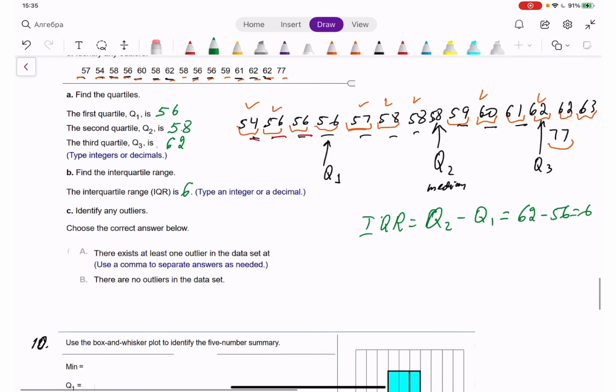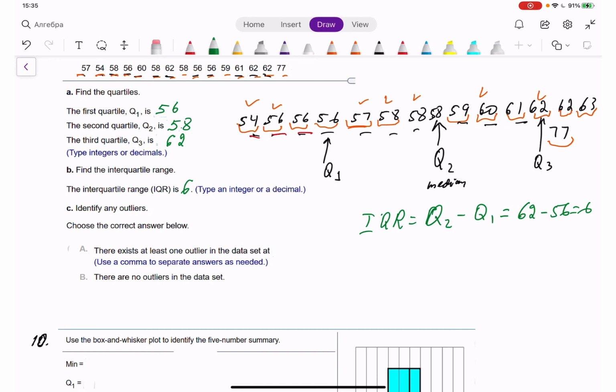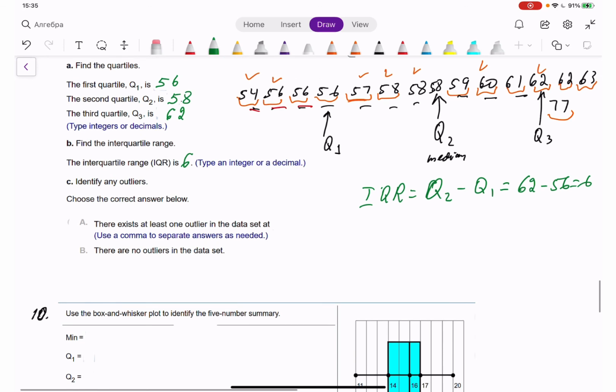All right. C, identify any outliers. So there are no outliers from what we see. There is no number that is enormously far away from the data. Next, we need to find the correct answer: there exists at least one outlier in the data set.